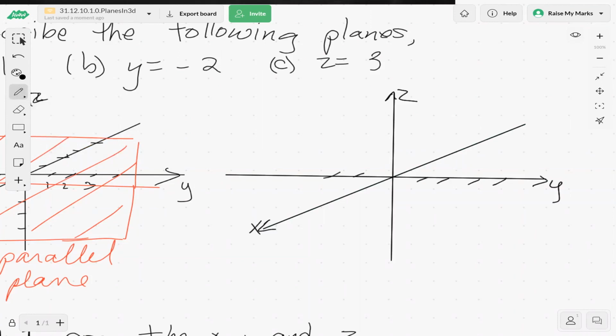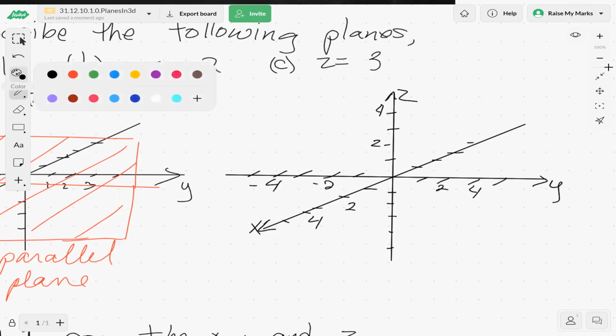Put some marks in so we know how far along we are on our axes, what direction we're going in. So let's see, -2, -4, we got 2, 4. All right, that's not bad.